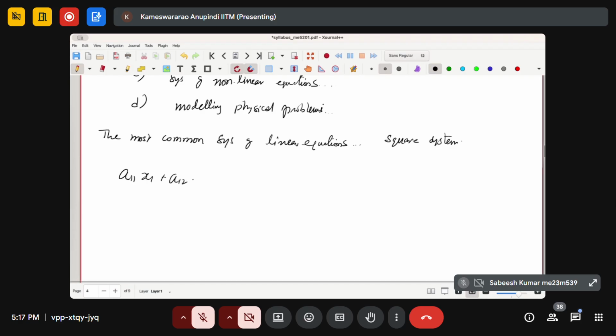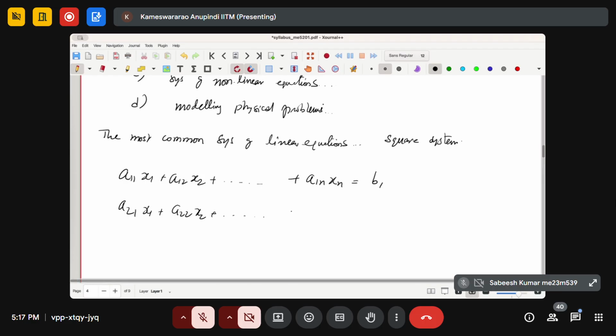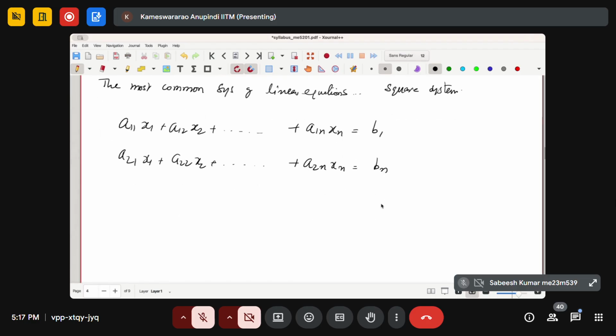a11x1 plus a12x2 all the way to plus a1nxn equals b1. Similarly, a21x1 plus a22x2 plus all the way to a2nxn equals b2, and so on.